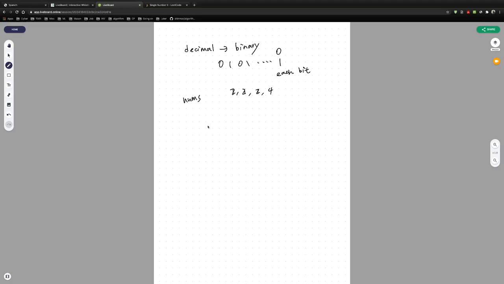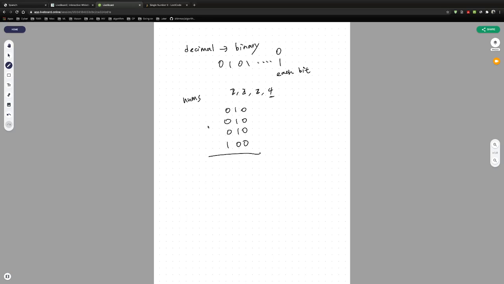Then we change it to binary: 0 1 0, 0 1 0, 0 1 0, and 4 is 1 0 0. In fact this is very similar to the first idea, but what is different is that it looks at each bit.